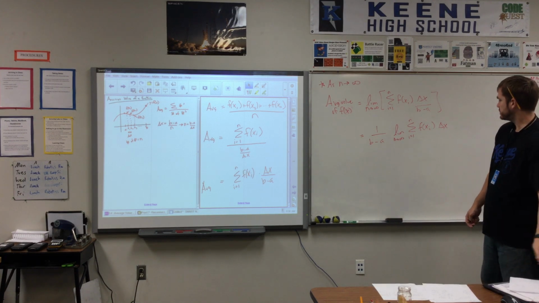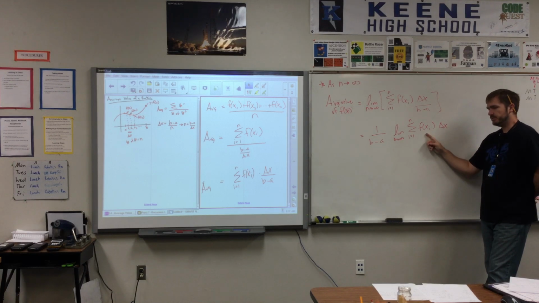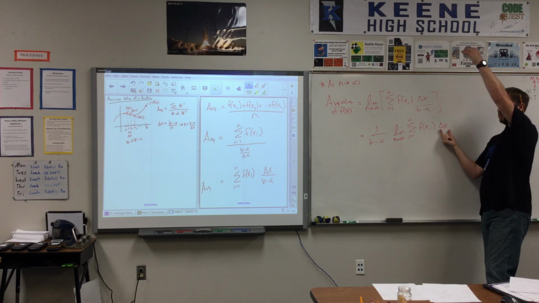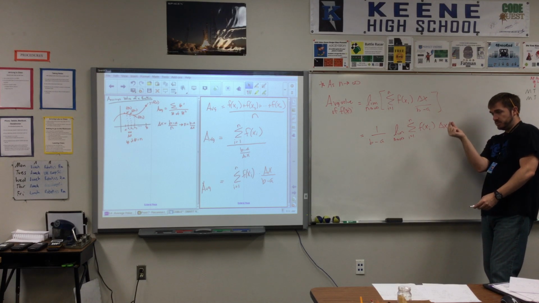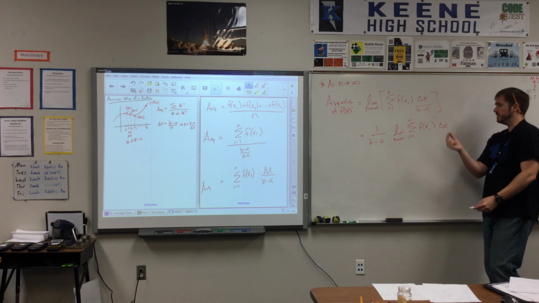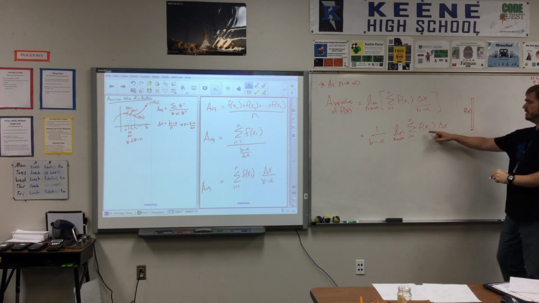Now you may recognize this. We talked about it briefly when we were passing by. This is the y value, so how high it is. This is a delta x, a very small base value, right? So think of it like this is your f of x sub i, and this is your delta x.